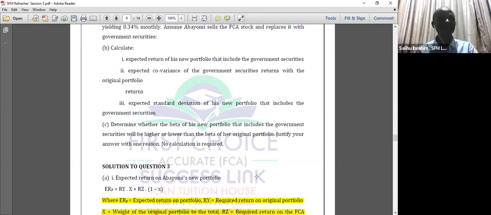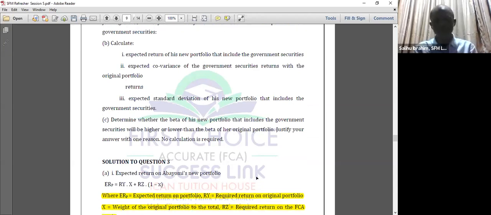So if you want to find the weighted average beta of your portfolio, and your portfolio includes a risk-free investment, then the weighted average beta of that portfolio is expected to drop.